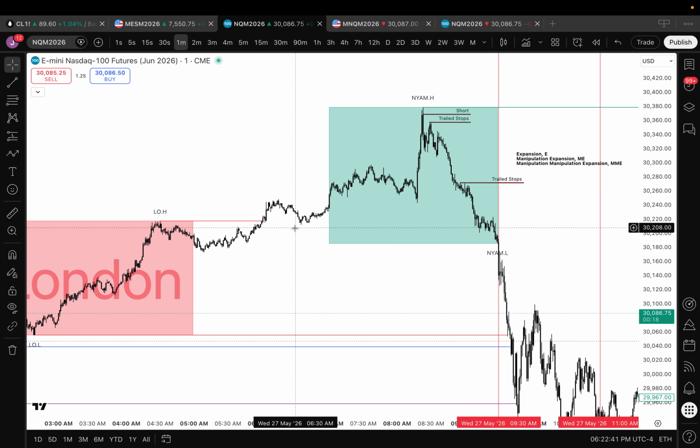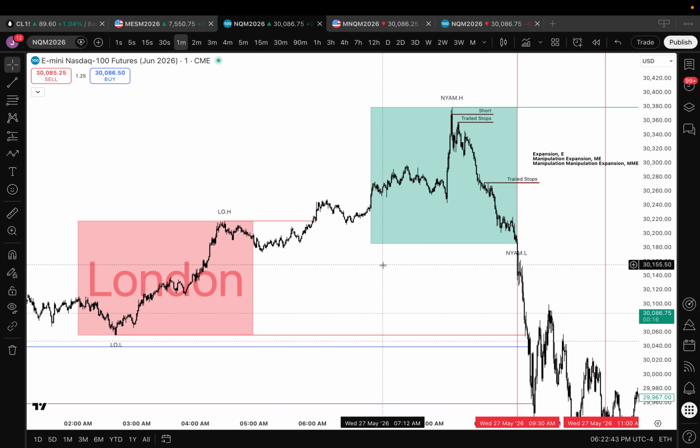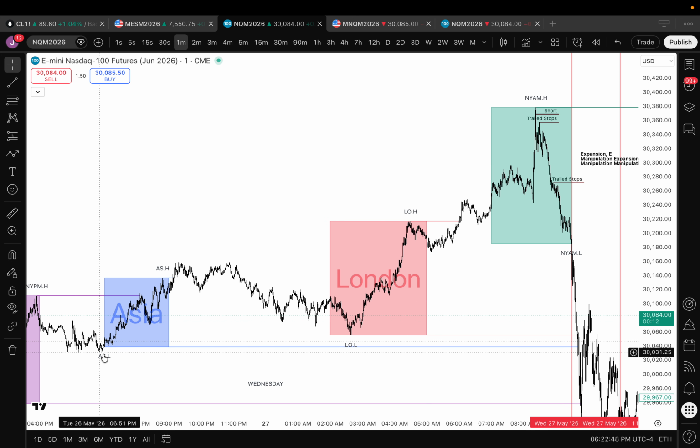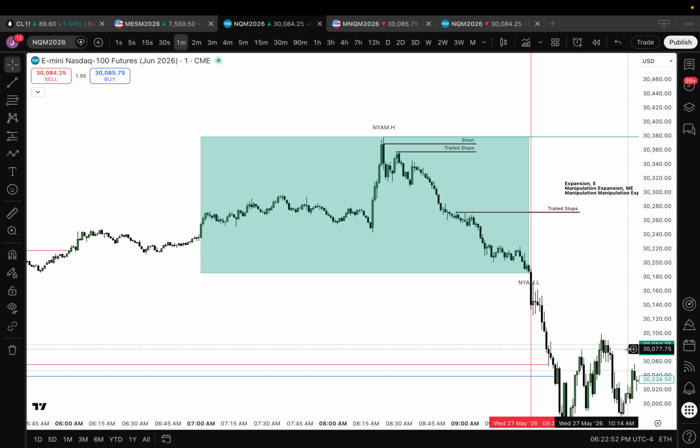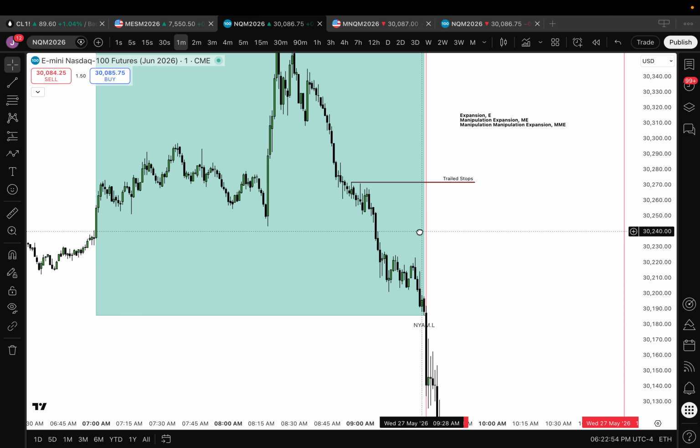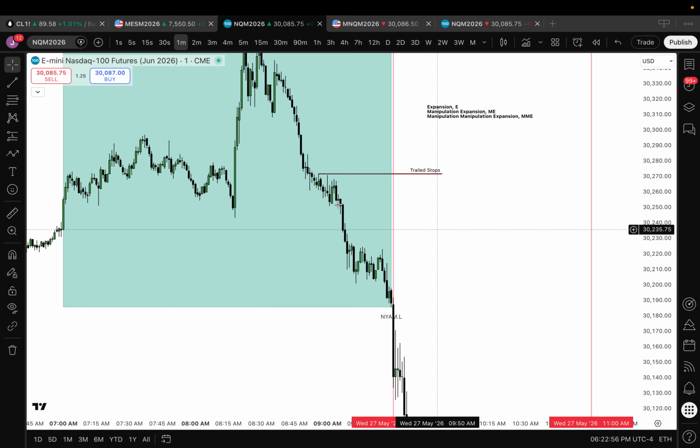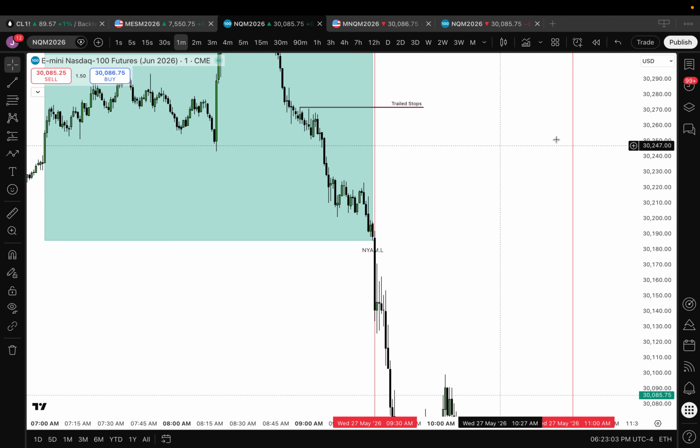And if bias was up, I'd have to determine whether we had enough trailed stops. But these relative equal lows are really obvious, so I thought we were gonna get shorts at least till there. And so this morning, because it was the expansion characteristic, this was a losing morning.